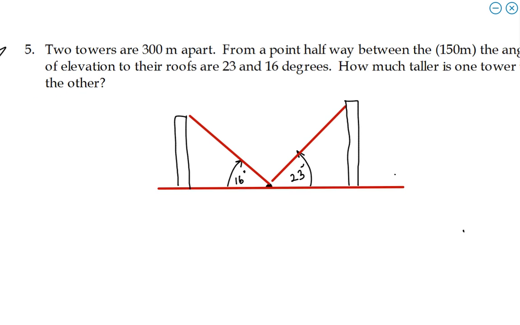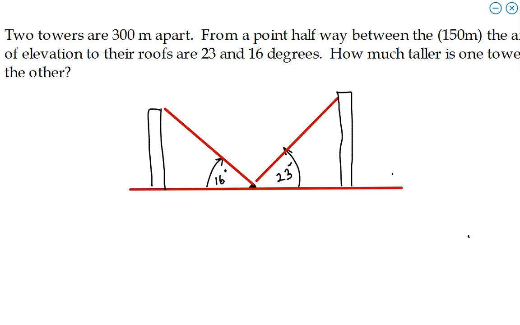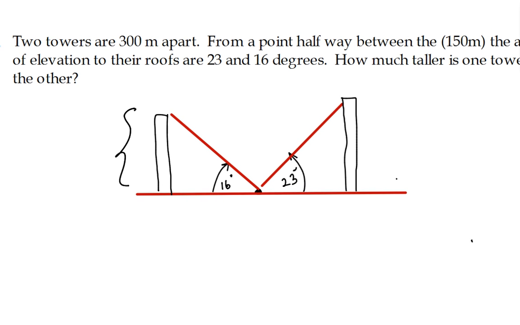Okay, so then it says, well, how much taller is the other building? This is a lot like what you did in today's quiz. If you could find this one, and then you could find this one, how would you find the difference between the two? This little bit of difference, you just have to subtract, right? Okay, and it's a point halfway, so you know this is 150, you know this is 150.